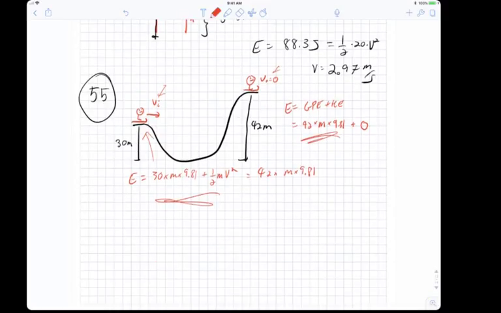So how do we solve it? There's two things I don't know and only one equation. Well, it's true that there are two things that we don't know, but one of them is linear in m in each of these terms, and that means we can divide out the m. So the first term becomes 30 times 9.81, 294.3 joules, plus 1/2 v squared is equal to 42 times 9.81, 412.